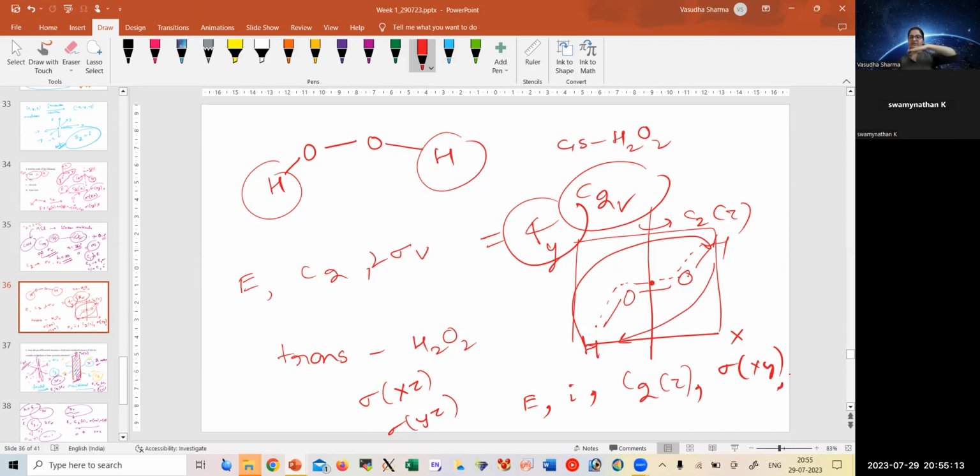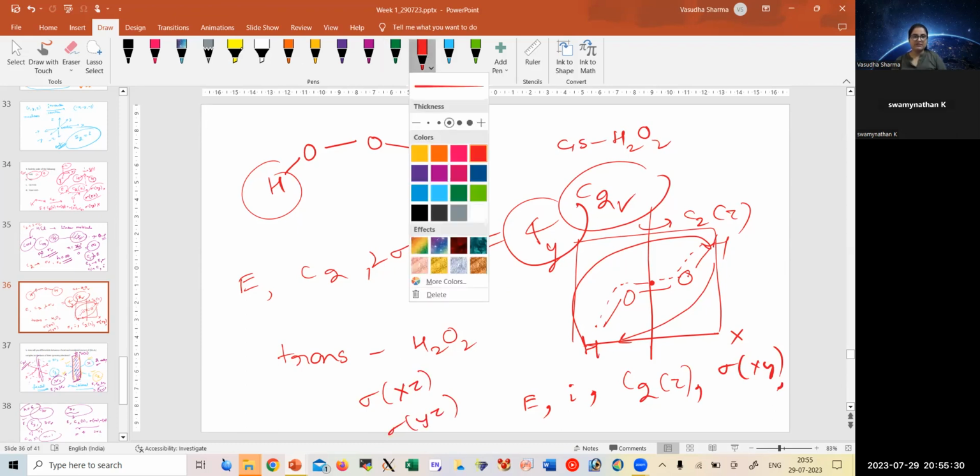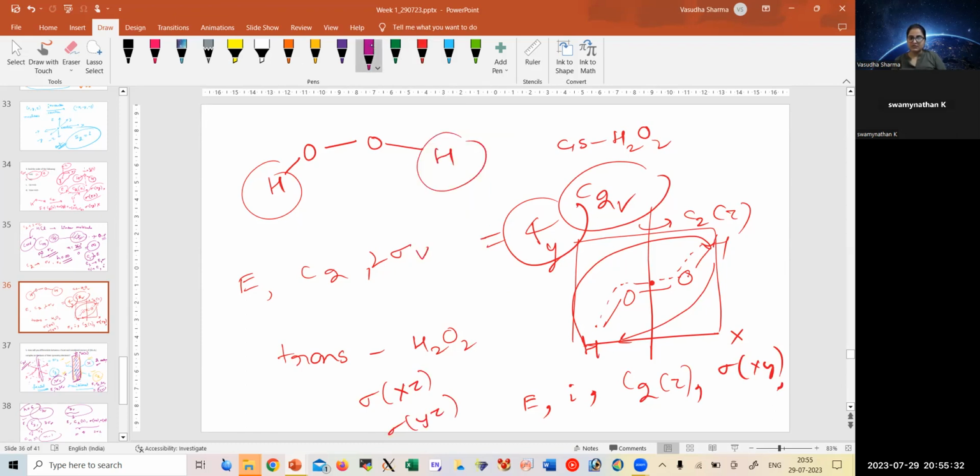If the O-O is here and the H's are in the trans position, if I am cutting this way, do you think that your H and H are getting reflected? This H should come this way and this H should come this way. They are trans, like this, so they will not reflect. They will not.